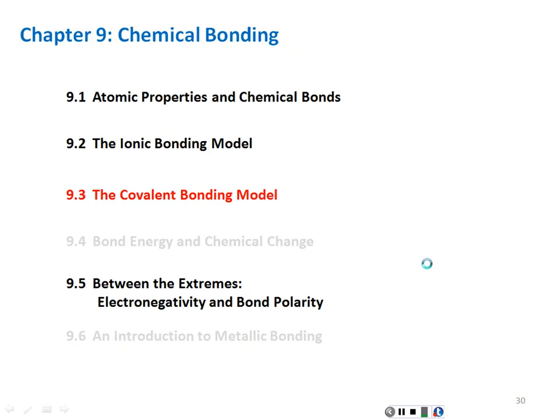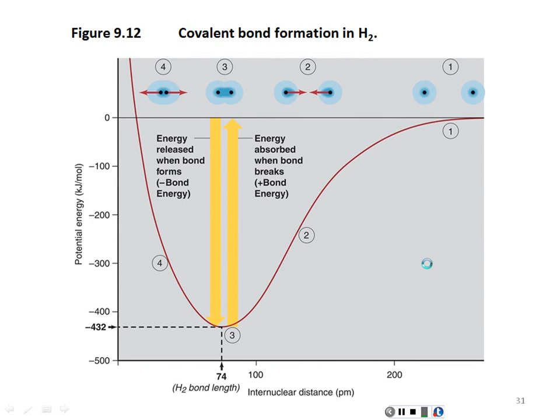And moving on to covalent bonding. Visit this figure again, slightly different than the one we saw before, figure 9.12 in your book. Remember, at point 1, we have two hydrogen atoms that are far enough apart where they don't really know the other one exists. The potential energy there is 0.